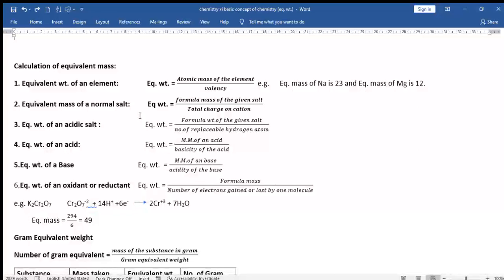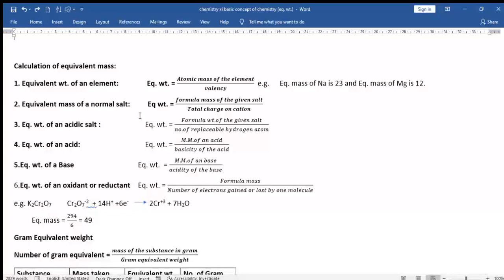Next is how to calculate the equivalent weight of an acidic salt. If we know the formula mass of the given acidic salt, we have to write that down. And we can see how many replaceable hydrogen atoms are present in the formula of the compound.